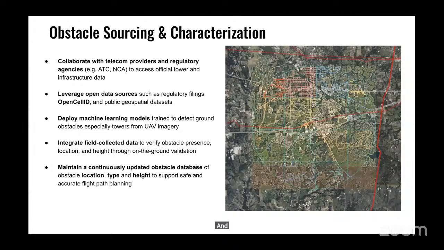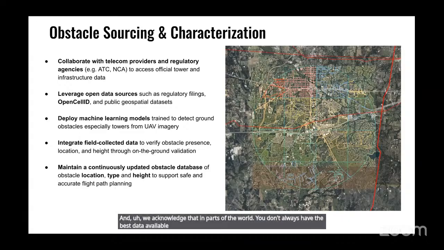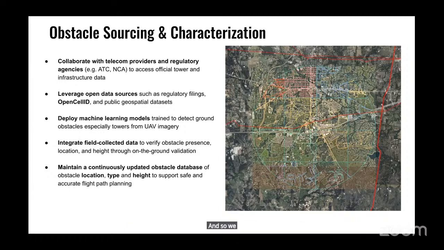And we acknowledge that in our part of the world, you don't always have the best data available, or even the data that you get from these agencies. Sometimes it comes and it has its own accuracy issues, and so we have to do more to make sure that the data is good. And one of the approaches we use is deploying a machine learning model.